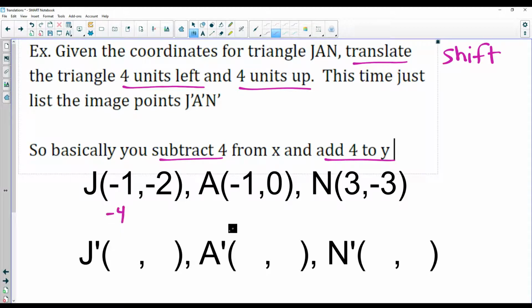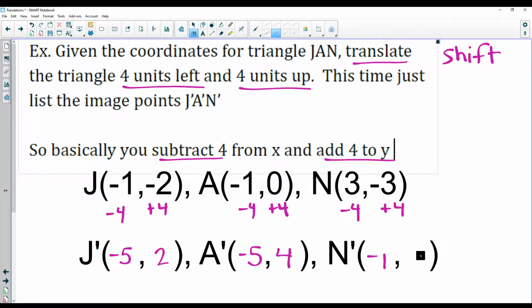So you could even go through here and just say, okay, I'm going to subtract 4 for every x value. So that would be -5, -5, -1, and then we're going to add 4 to every y value. Did I say y last time? X, okay, add 4. So those would be our new points. So we could do that without a grid.